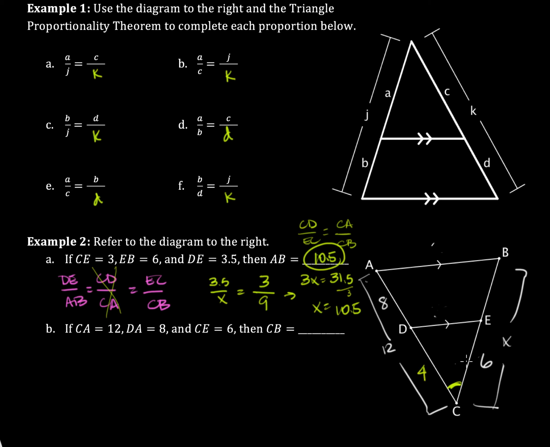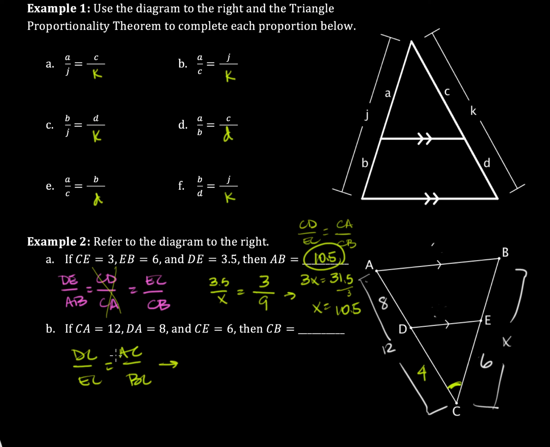All right? And I know that if I take DC and put it in a ratio with EC, DC and EC paired up should equal AC over BC. That would be one of the proportions that I can set up based on theorem 7-3. So DC over EC equals AC over BC.